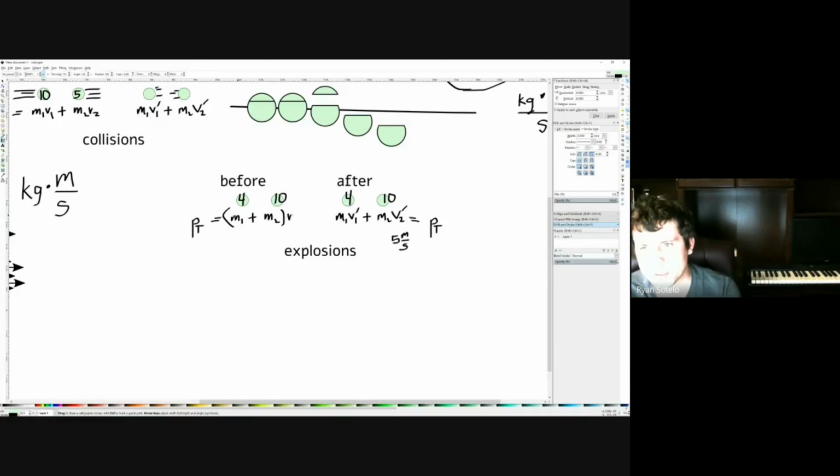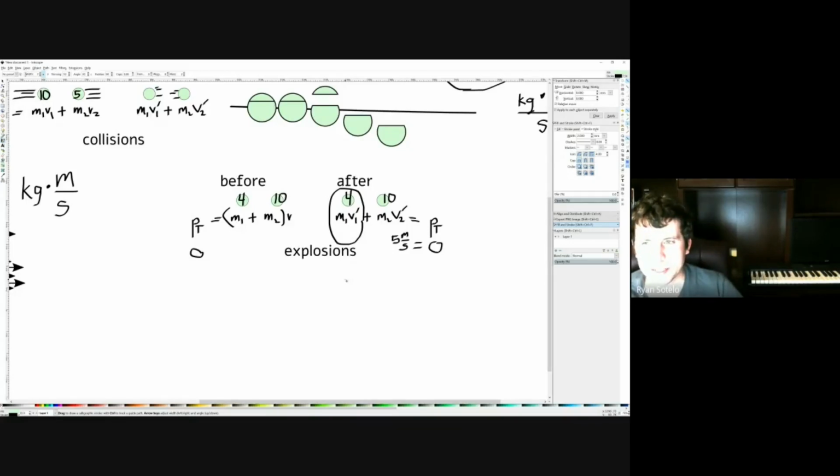Well, before, the total system momentum was 0. So that means altogether, you've got to have 0 total system momentum after the explosion. If this thing has a mass of 10 and a velocity of 5, that means it has a momentum of 50 to the right, which means altogether, this thing has to have a total momentum of 50 to the left.